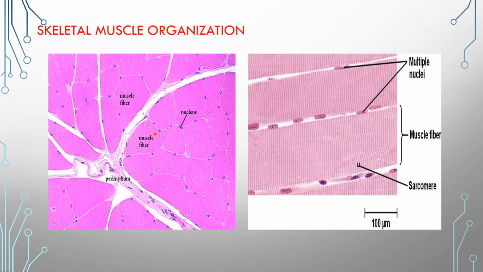You can see here the nuclei of the skeletal muscle are arranged peripherally. The major blood vessels pass through these septa, and only the small capillaries can reach inside to the muscle fibers. You can see the cylindrical muscle fibers giving a striated appearance, and in between you can see the endomysium.